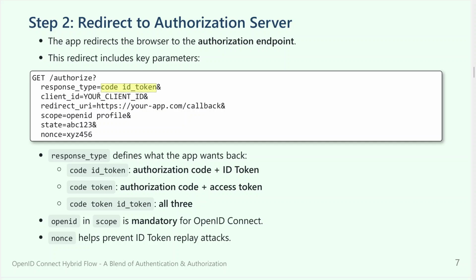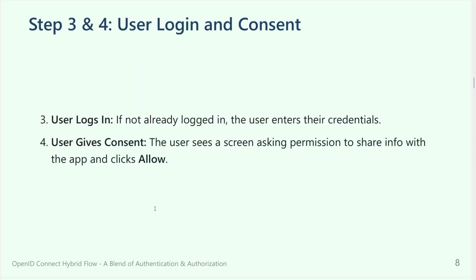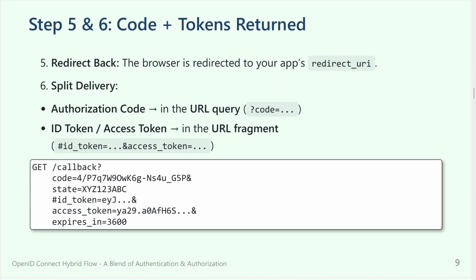Here you are saying, okay, I'm interested in the code, like the first flow, and the ID token, but you can request more than those two. You can even ask for the access token, and this is a way to do it. So you say, okay, please, after you call the authorization server, it will reply to you, okay, take this code, take this state, and take the tokens that you required from me.